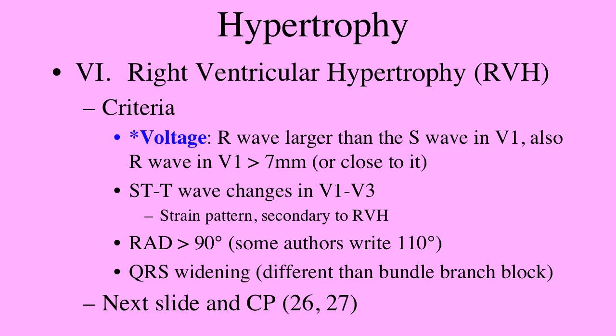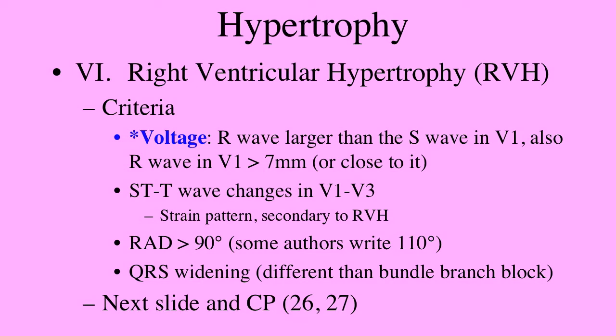For example, on page 27, aVR is perfectly isoelectric, and so lead 3 would be upright, and your axis is at positive 120, and that's right axis deviation. And again, sometimes you get the widening of the QRS complex. That's not real important, but it's one more addition to the diagnosis. So that's right ventricular hypertrophy, and you have examples on 26 and 27.